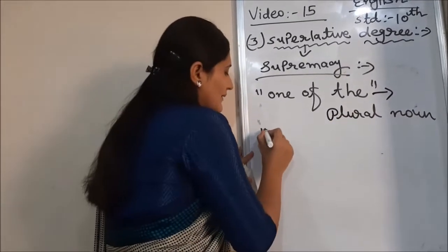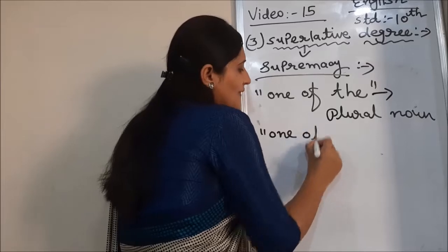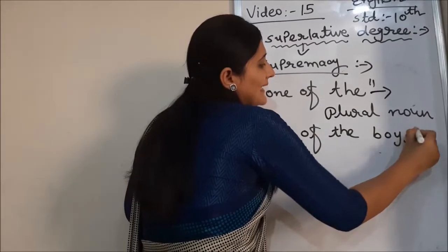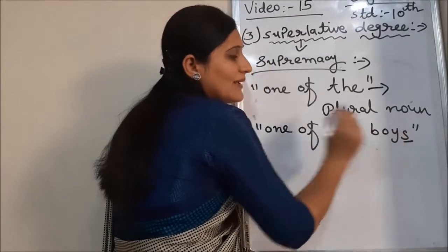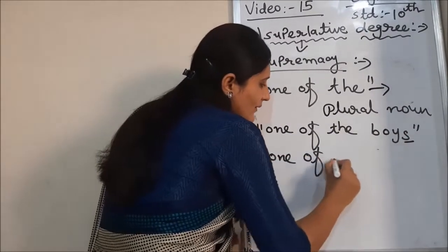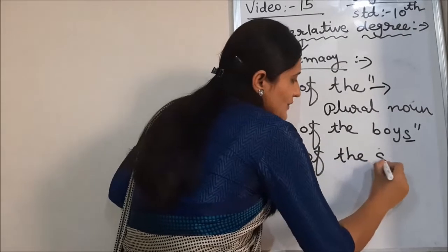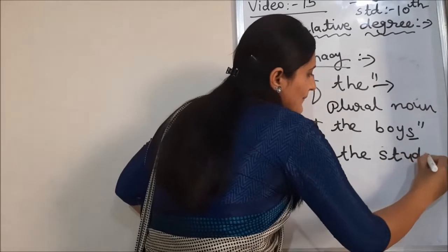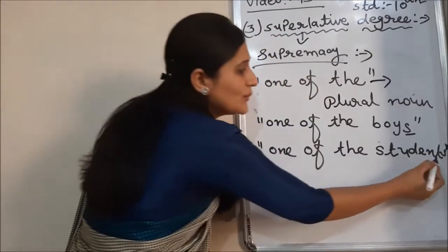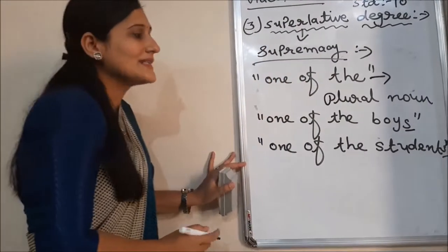For example, one of the boys. See, in boys I am writing s, right? Plural noun. Second, one of the students. In both you can see s at the back.